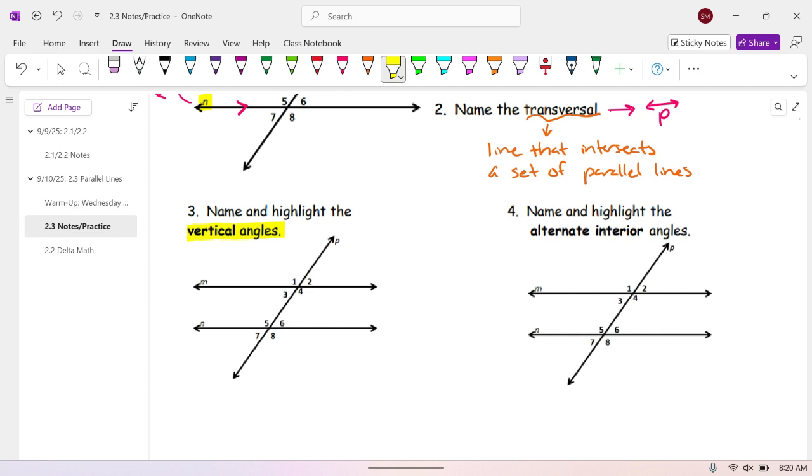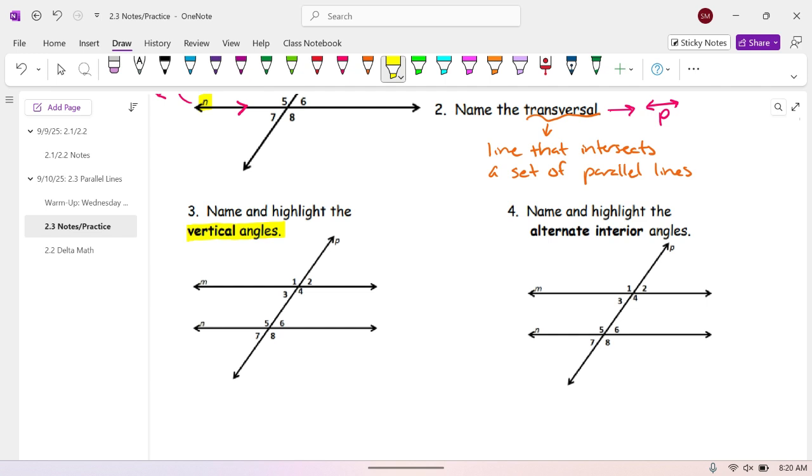That's part of it. What else? They're formed by what? They're not adjacent. Adjacent and vertical are two different things. They're not necessarily perpendicular. So they are congruent. Vertical angles are congruent.